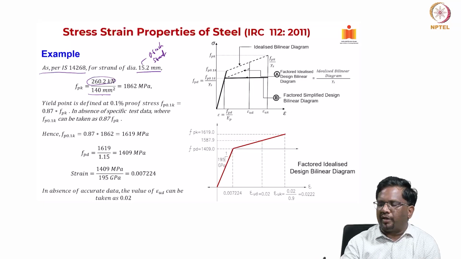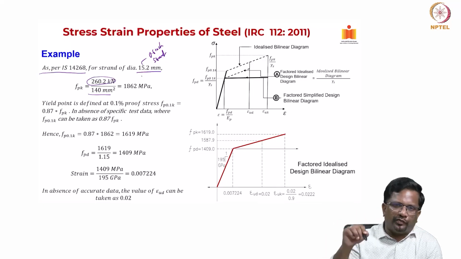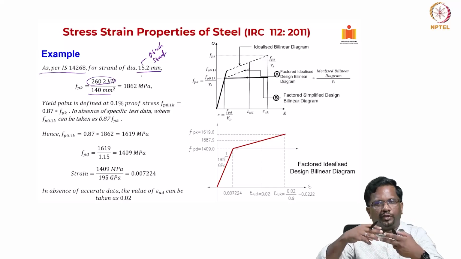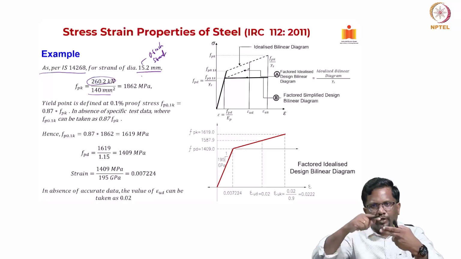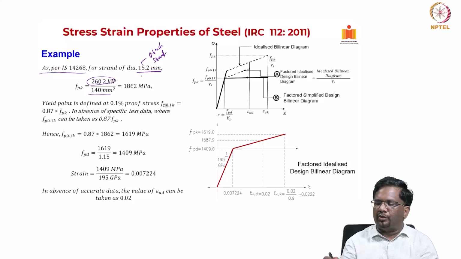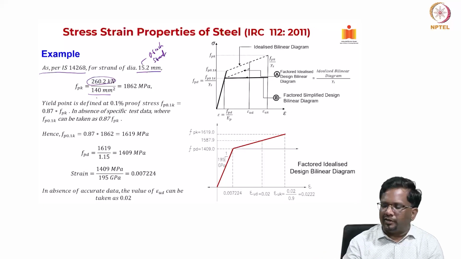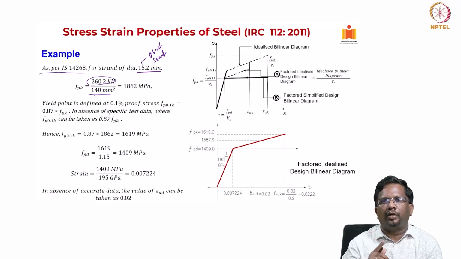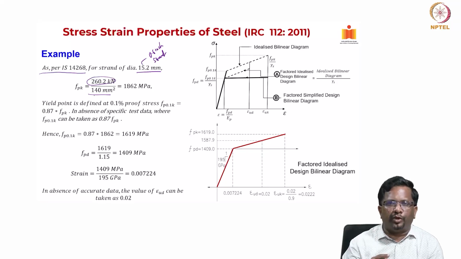You cannot directly put pi by 4 into 15.2 square, because these are 7 wire strands, so the entire area is not steel. There will be a lot of gaps in between them. So the 0.6 inch strand has a cross sectional area of only 140 mm square, but not pi by 4 into 15.2 square. When you divide, you get 1860 megapascal.